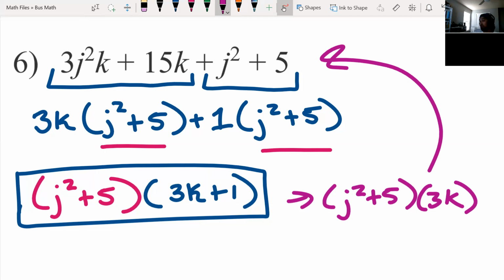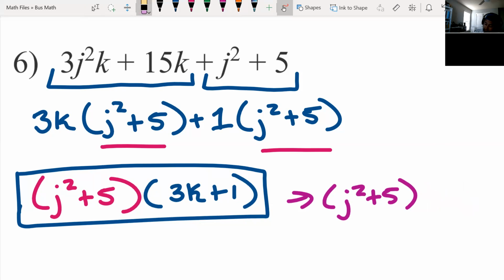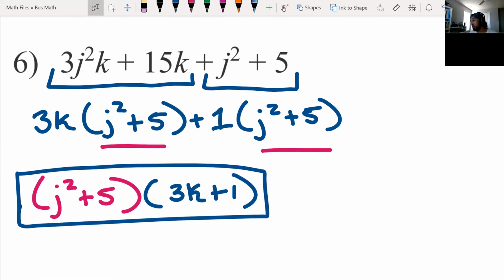So that 1 needs to be there. If you don't know if you did it right, just check it, FOIL it, and see if you get the original problem up top. That's the best way to check, is just to undo your work.